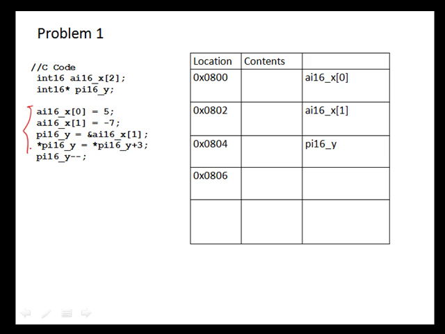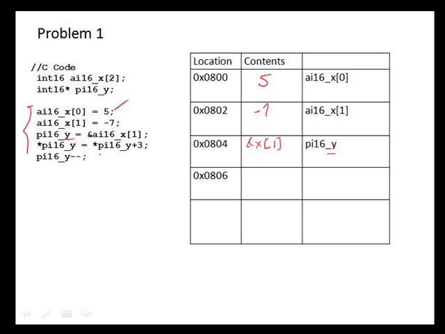Another way to reason about this code is simply to write symbolic values here in the constants instead of hex values. So here we're going to go ahead and write 5 for this assignment here. X of 1 is going to be assigned the value -7. The pointer value y is going to be assigned the address of x of 1. So this is going to be the address of x of 1.